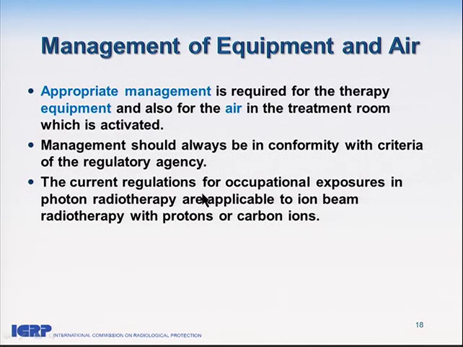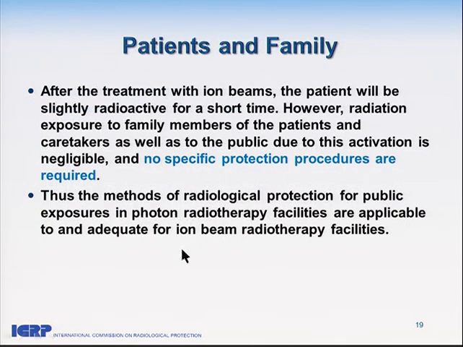Several years ago, we had a multi-center trial to measure the real dose in the occupational exposure of workers employed at ion beam radiotherapy facilities in Japan. And we saw the dose is around 5 millisievert, estimated annually. So it's not a serious problem, but we should monitor each individual worker every time.